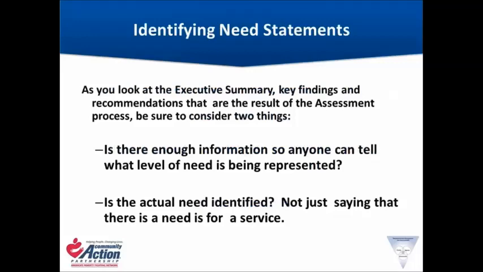And then as you look at those things that are in the executive summary, the key findings and the recommendations, you're going to be saying, do we have enough information? Do we know what services we're going to be able to provide?